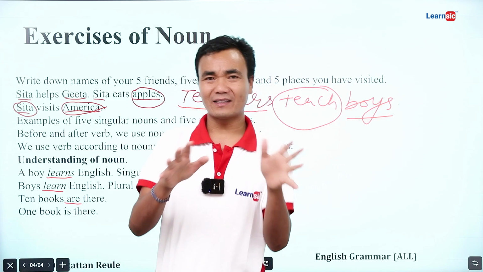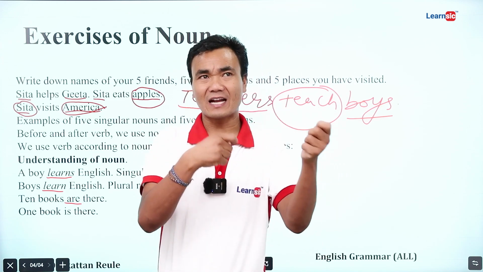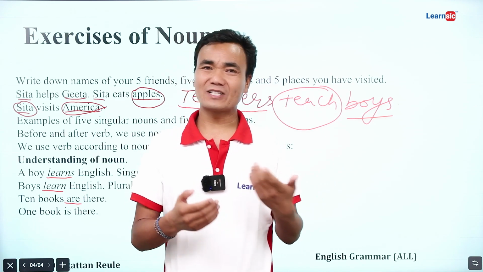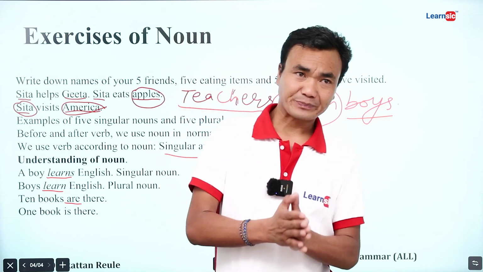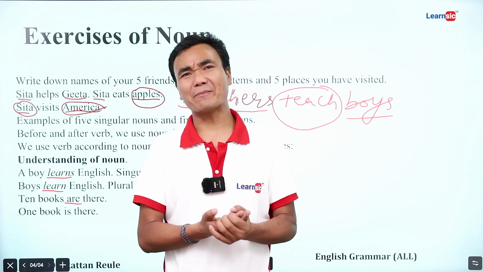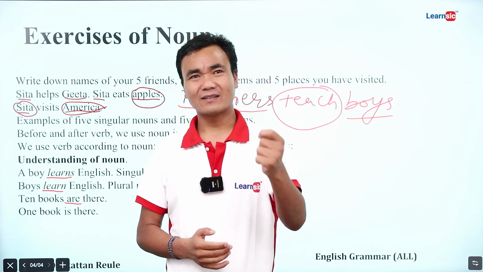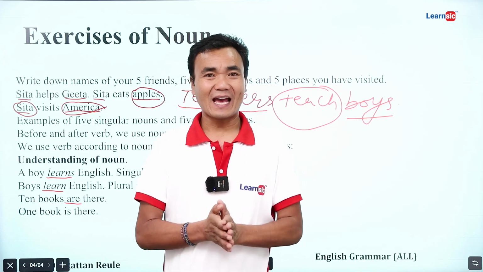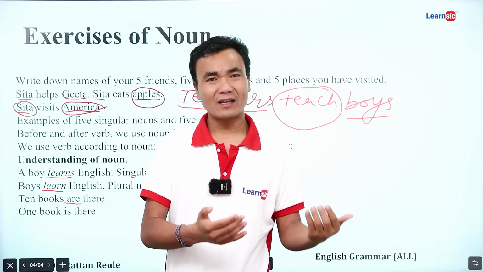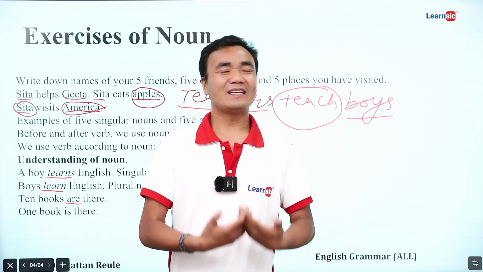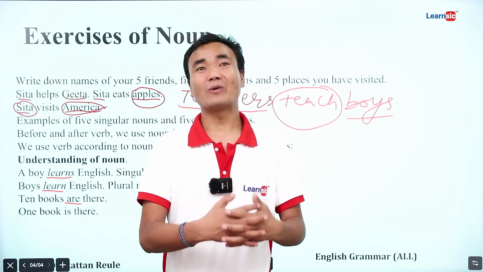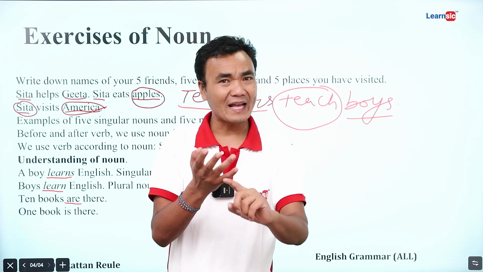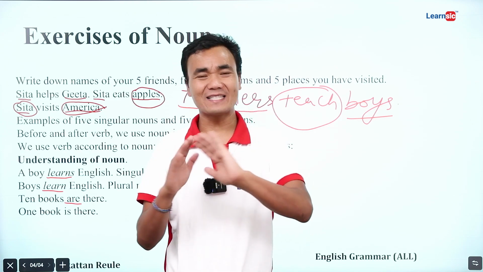Then countable, the things that we can count, the things that we can calculate, and the things which we cannot calculate or count, that is called uncountable noun. So again I give you example, confidence, water are the examples of uncountable nouns, and like pen, dictionary, car, mobile, these all are the examples of countable nouns because we can count. We have 1 mobile, 2 mobiles, 3 mobiles, 4 mobiles, etc.